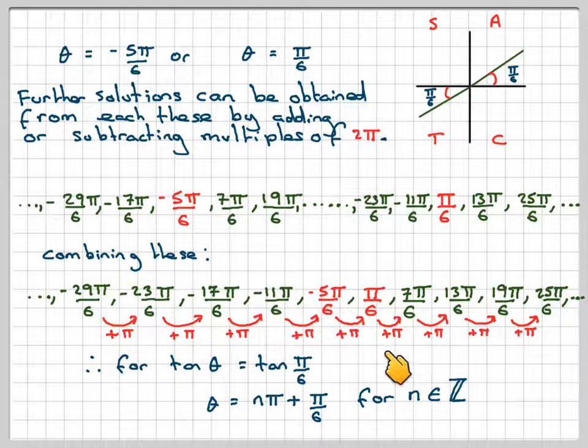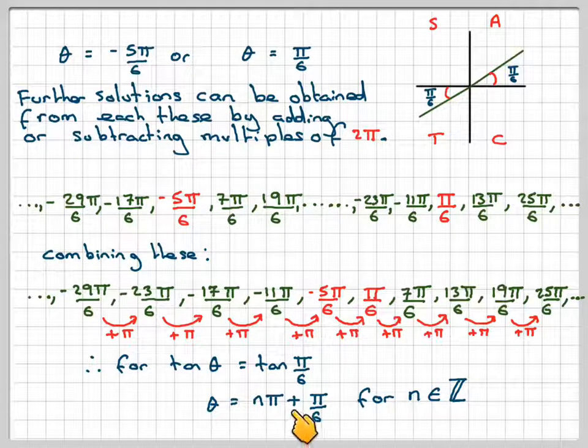When n is 1, we're going to get pi plus pi/6, which is 7 pi/6. When n is 2, we're going to get 2 pi plus pi/6, which is 13 pi/6, etc. When n is minus 1, we're going to get minus pi plus pi/6, which gives me that one. When n is minus 2, we're going to get that one, and so on.